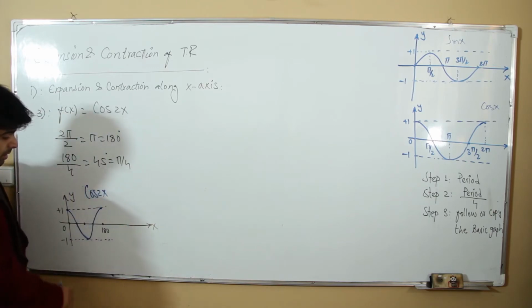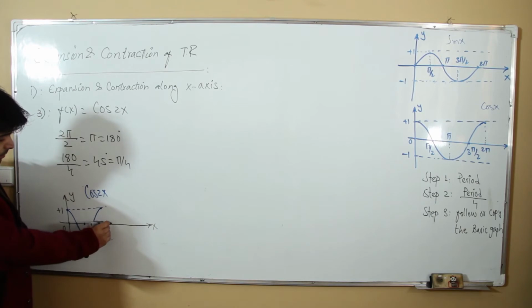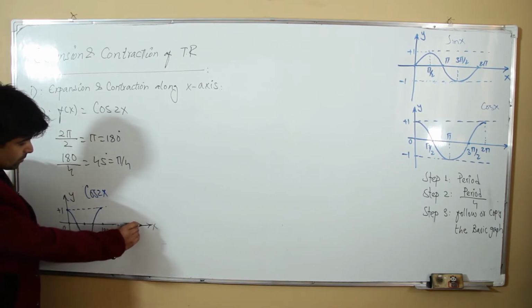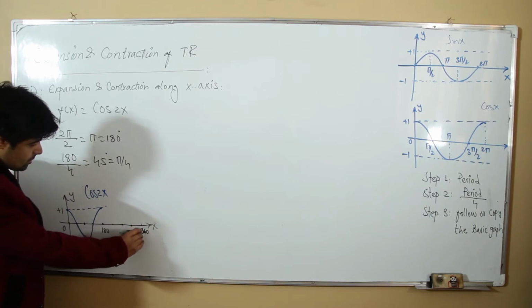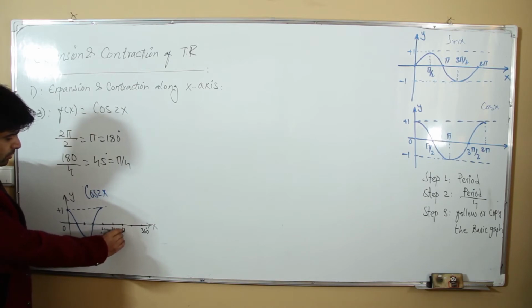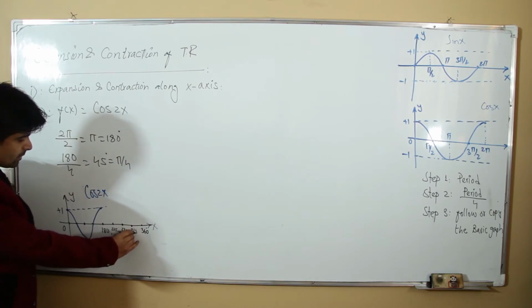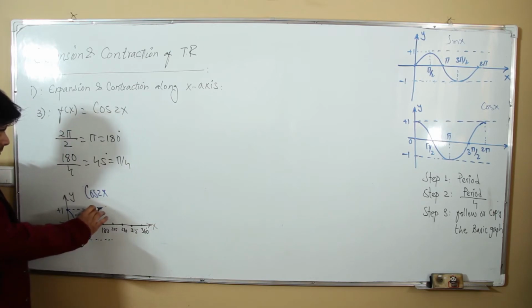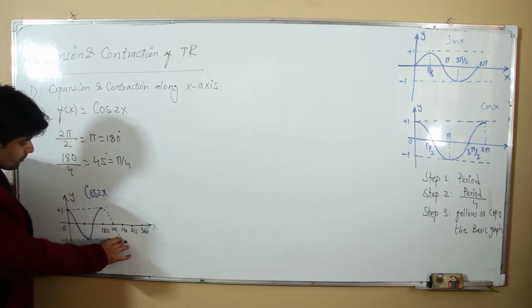It means in 360 we have 45, another 45, the next one, and the last one is 360. 45, 225. This is 270, 315 and 360. Now our graph.